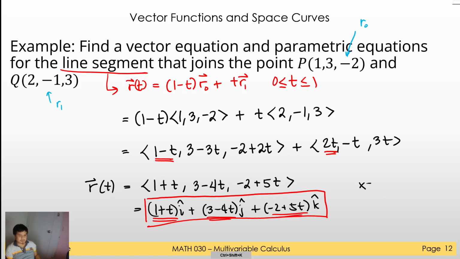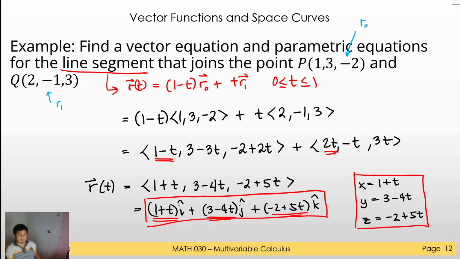So we have x is equal to 1 plus t, y is equal to 3 minus 4t, z is equal to negative 2 plus 5t. So this will be your parametric equation. Don't forget the domain: the domain of your t should be only within 0 and 1. So include this as well.